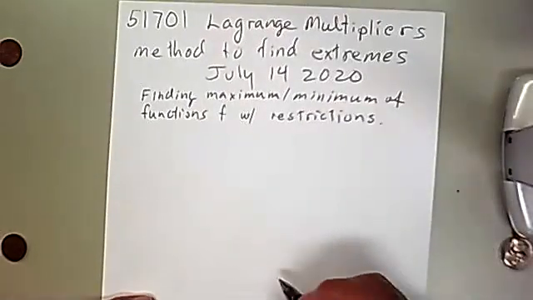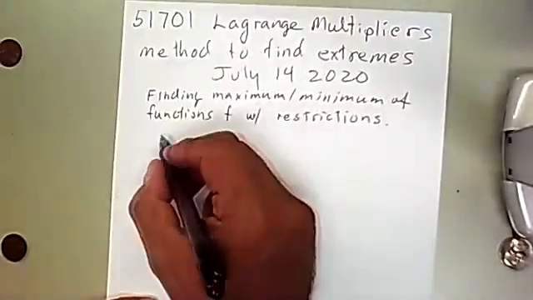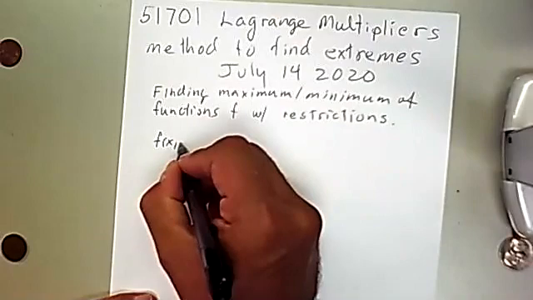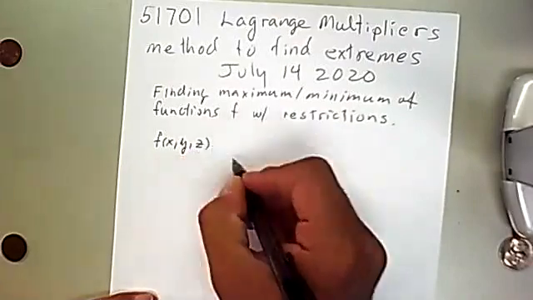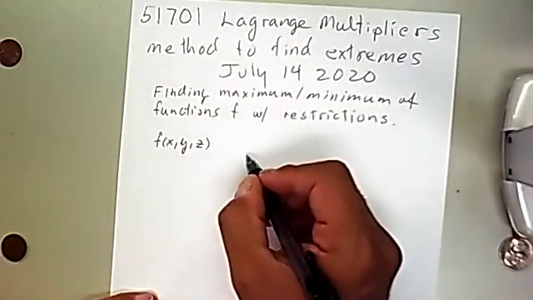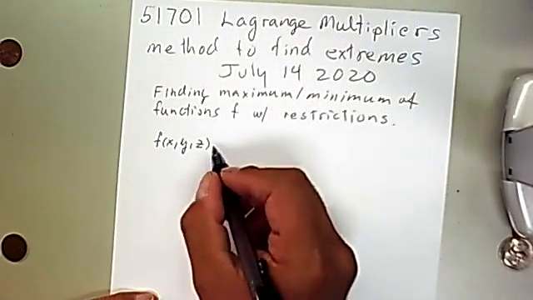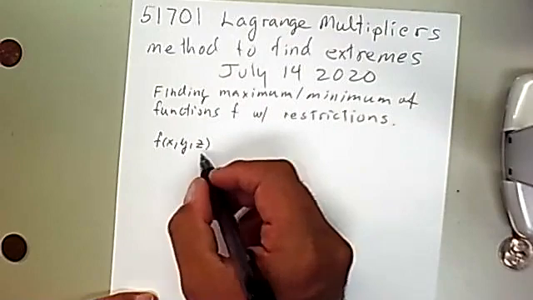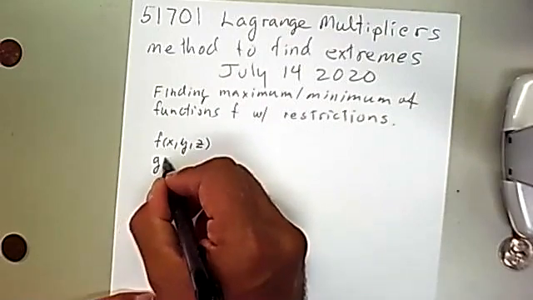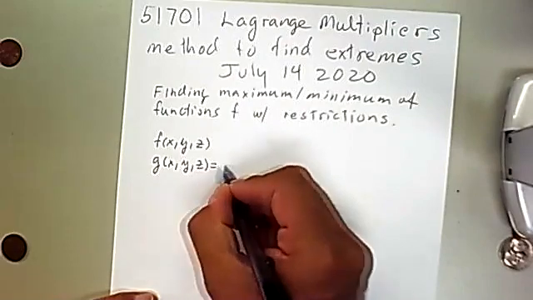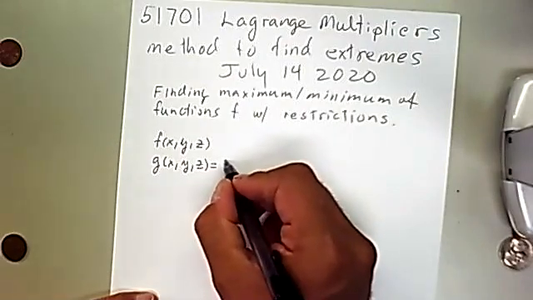There are different kinds of cases. Let me start with a big one. So you could have f of x, y, z, just a function with 3 inputs with a restriction, some kind of g expression of x, y, z equaling a constant, k constant.